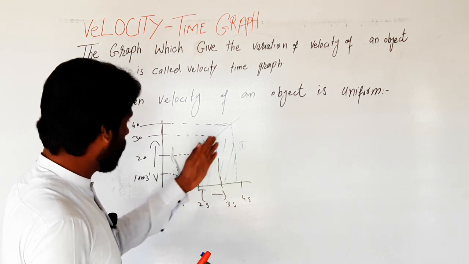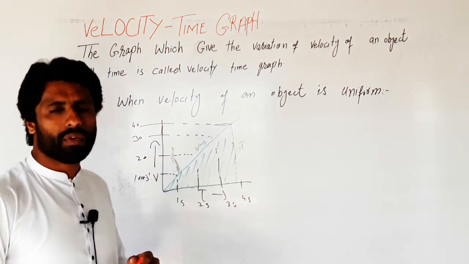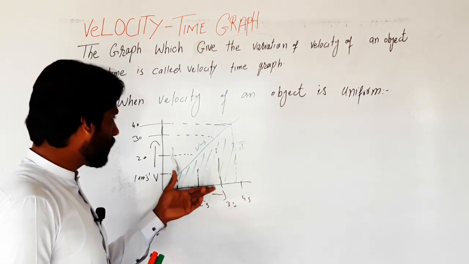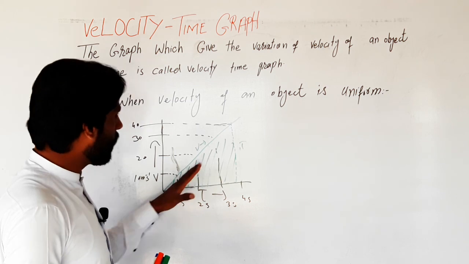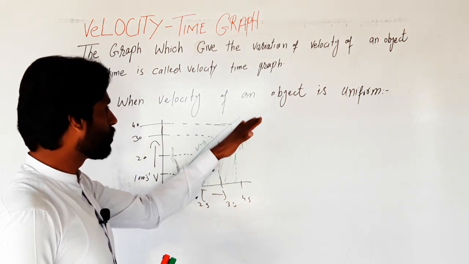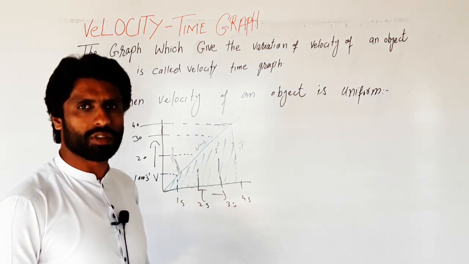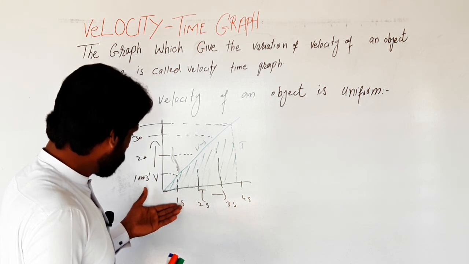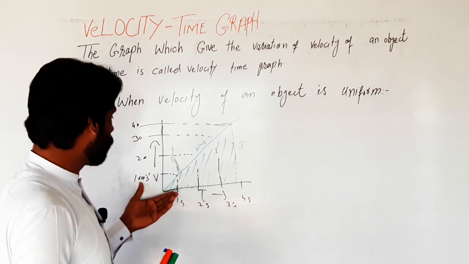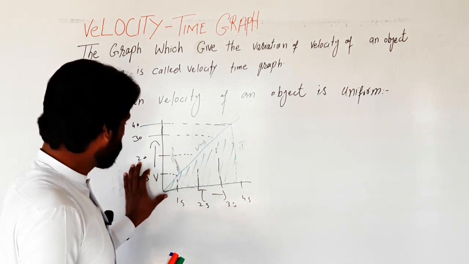This is denoted as a triangle. When an object moves with uniform velocity, with the passage of time, the straight line between time and velocity shows the uniform variation of velocity with respect to time. In the same interval of time, the same amount of velocity varies.